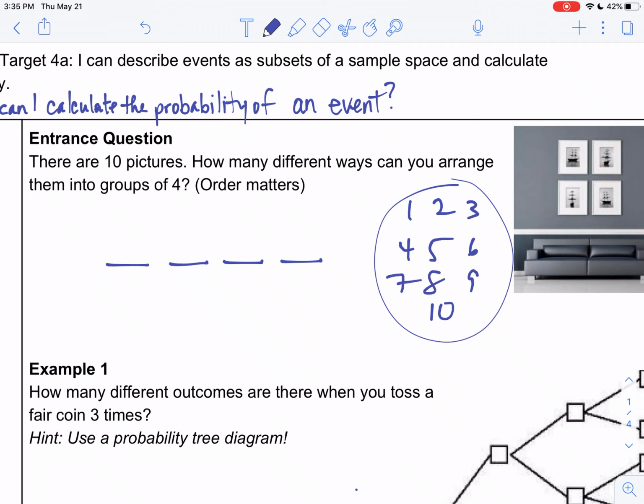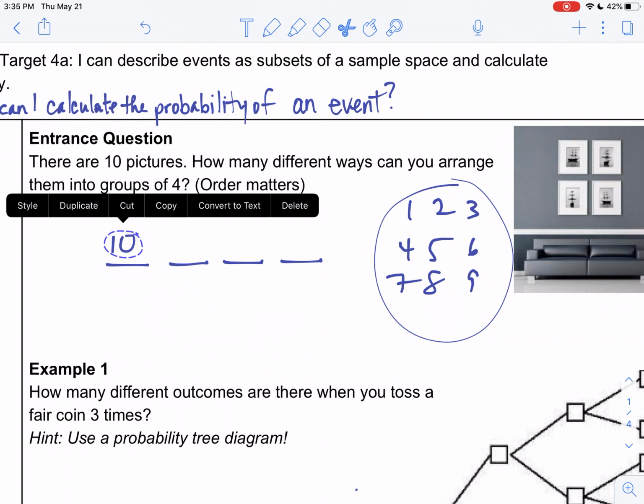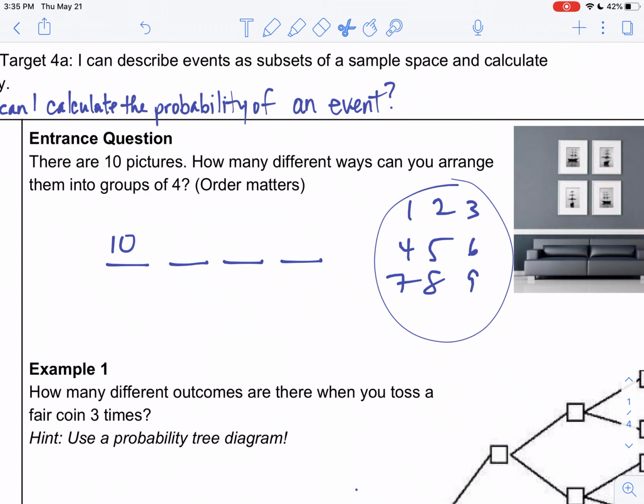So the first time I go and pick out a picture, you'll notice that I have 10 choices. The second time I go to pick out a picture, you'll notice I have 9 choices.